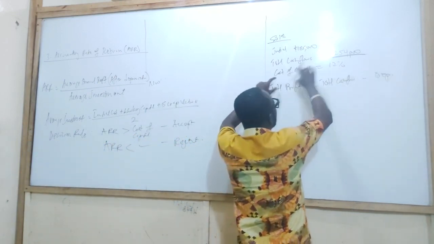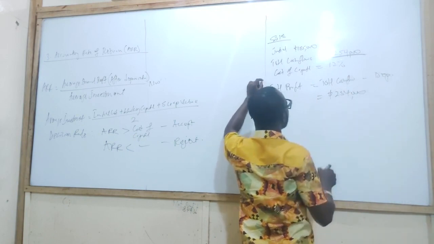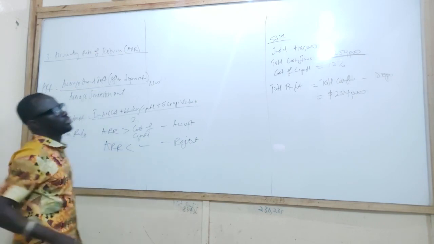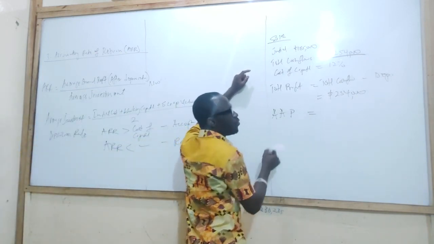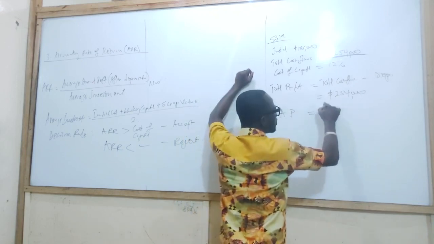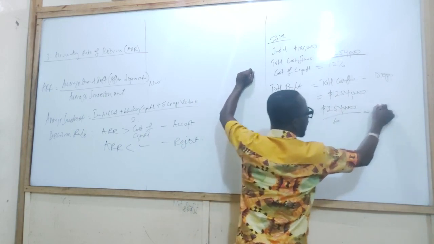So the total profit is 254,000. Now, we need to get the average annual profit. So the average annual profit will be equal to, what was the life of the project? 6 years. So that's going to be 254,000 over 6. What did we get?